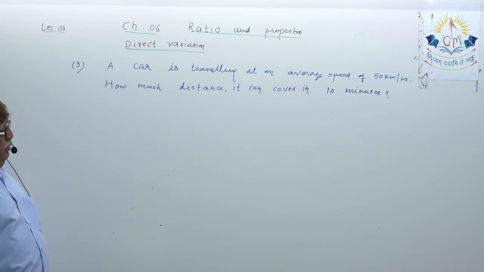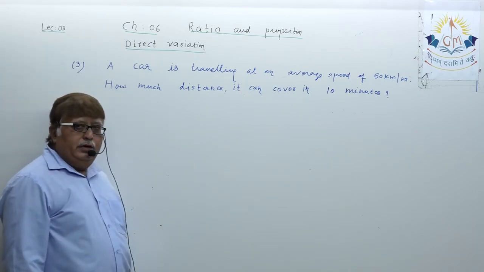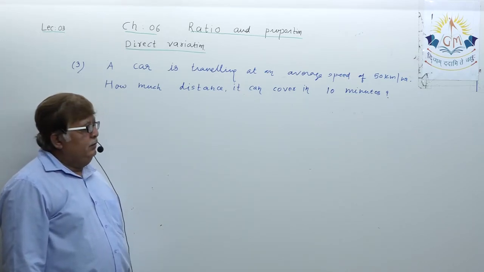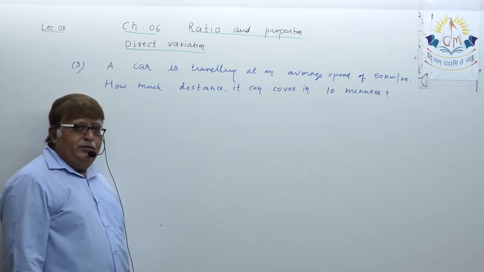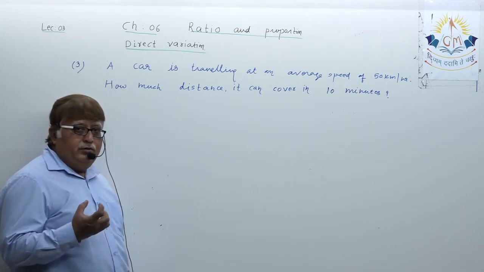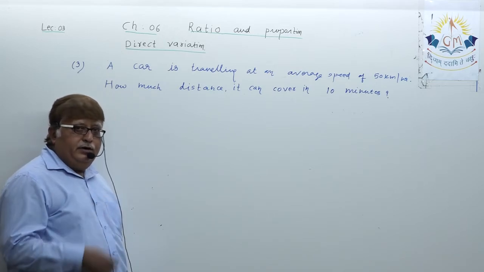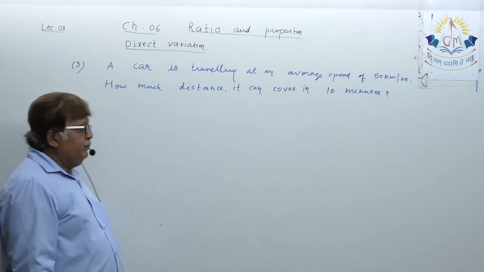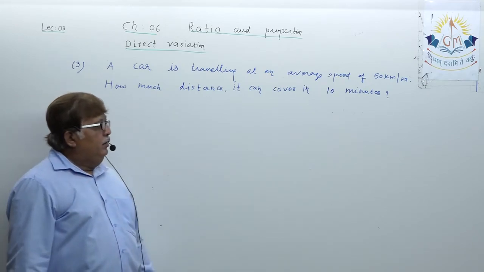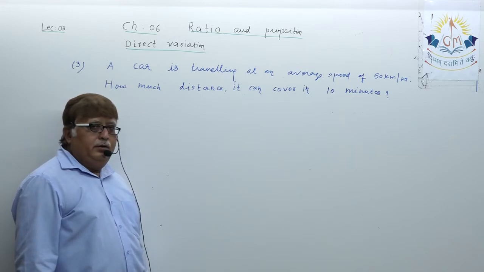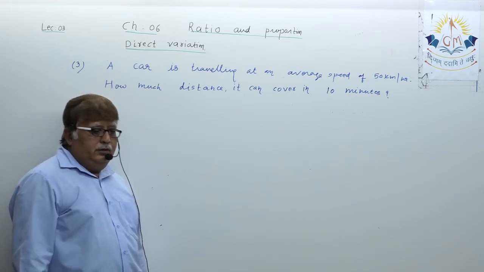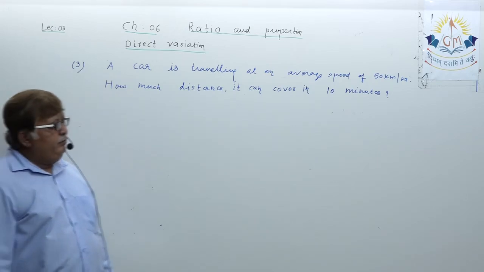The last statement looks like: how much distance can it cover in 10 minutes? This is actually giving you a clue point about which two physical quantities you need to correlate. You get the idea from this. Two physical quantities.